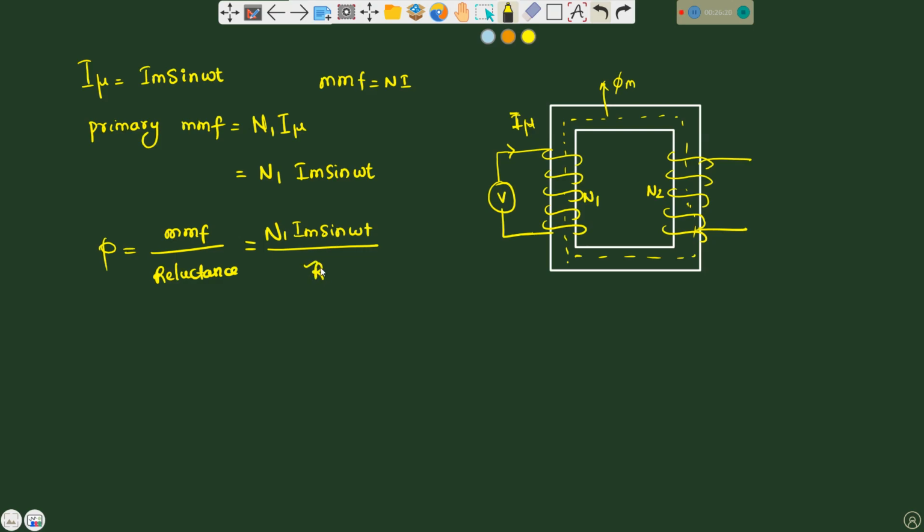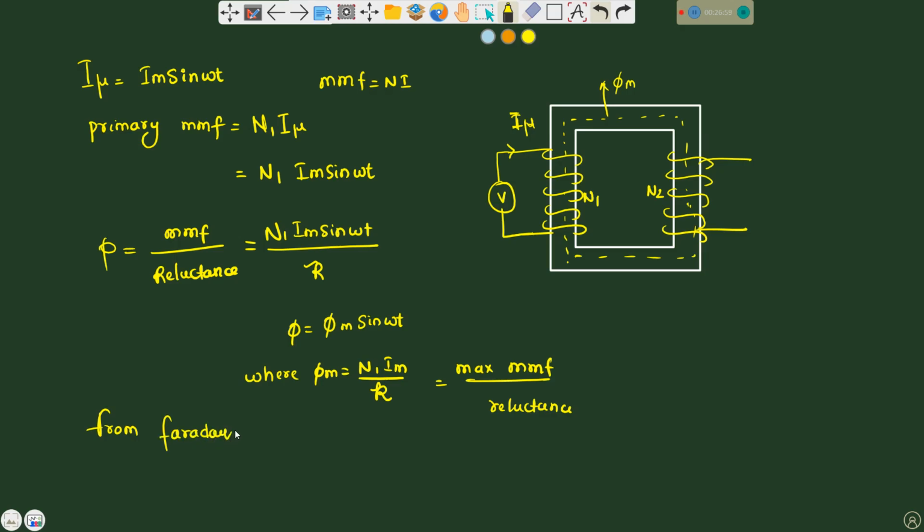So phi will be phi m sin omega t, where phi m is nothing but N1 Im divided by R, maximum MMF divided by reluctance.